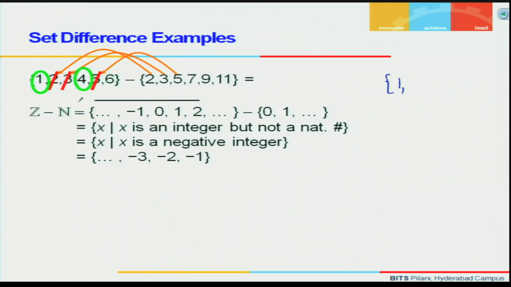So 1, 4, 6 are going to be in the set A minus B.